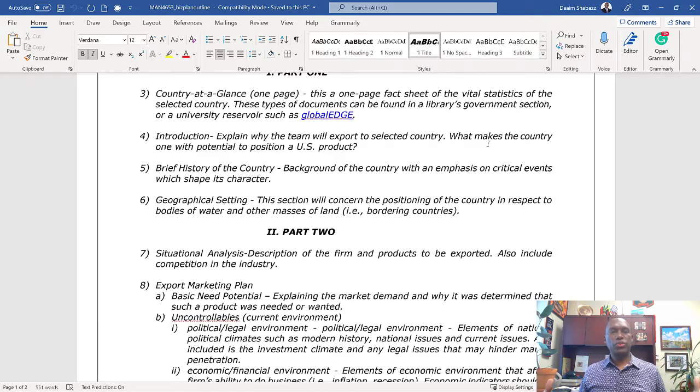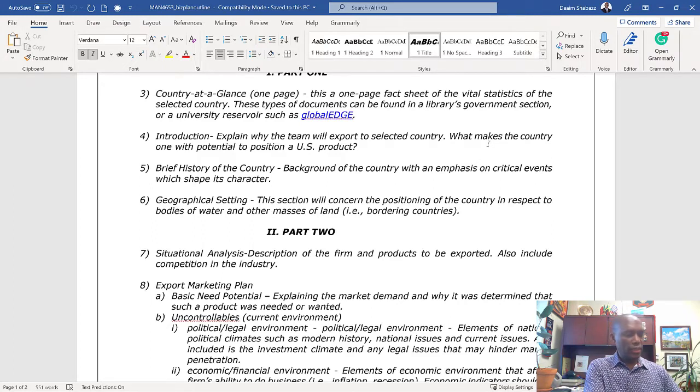You will give a brief history. This is not an exhaustive history, but you'll just give enough so that we can understand what the country is, what its history is, how it evolved, and of course that will relate to the other factors as well.